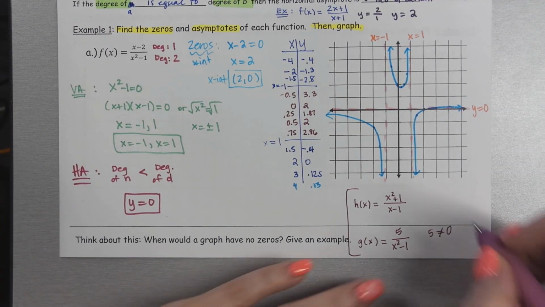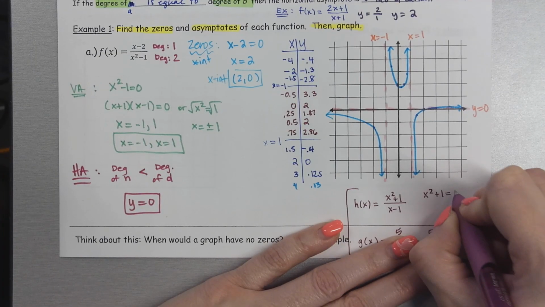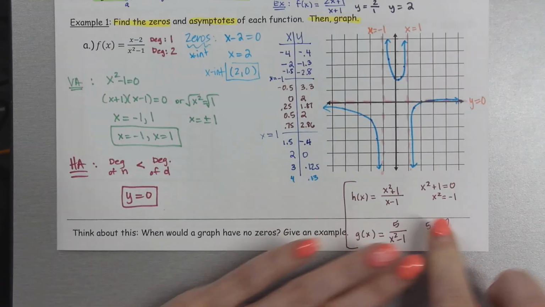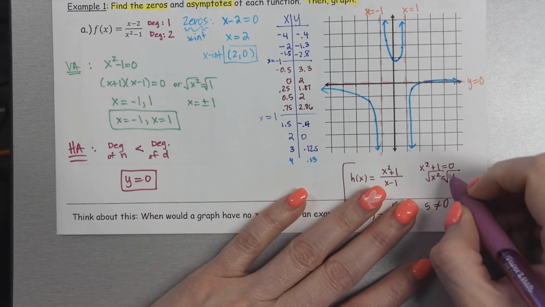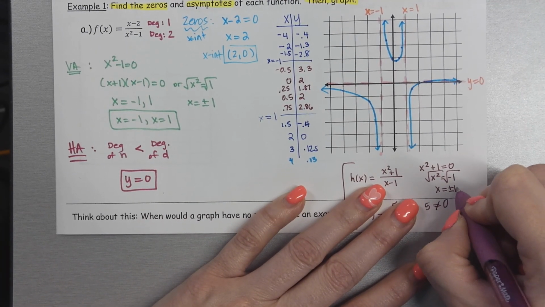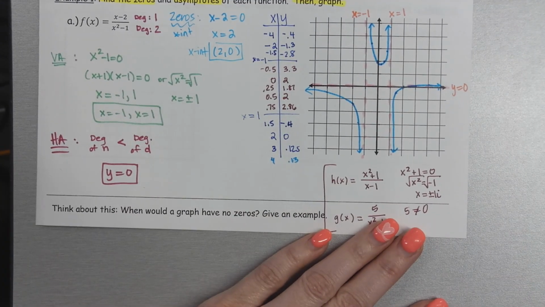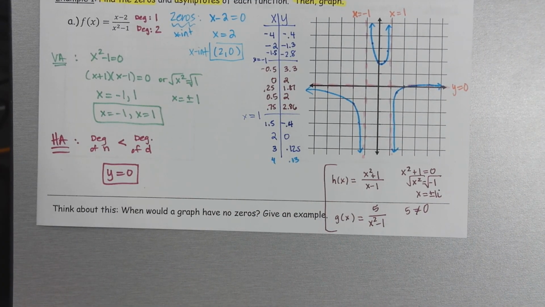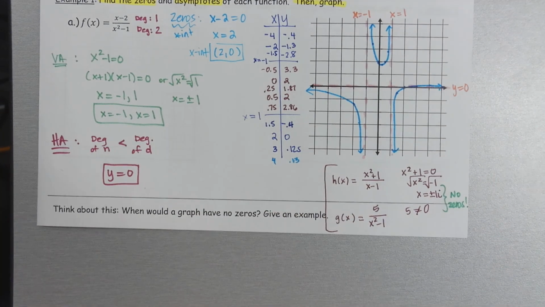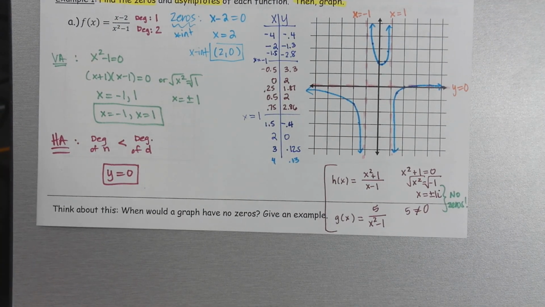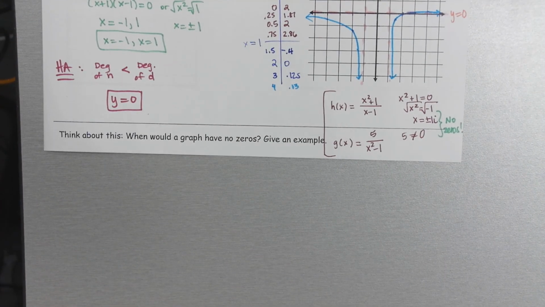If you were to set the numerator equal to 0, this would be imaginary because you would take a square root of a negative. So x would be plus or minus 1i. If it's imaginary, it does not exist on the graph. So both of these cases, no zeros. Imaginary does not exist. And if you don't have a variable to solve for, then there's nowhere to go from there.